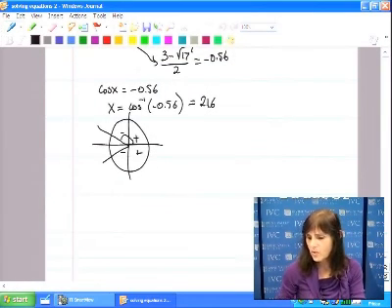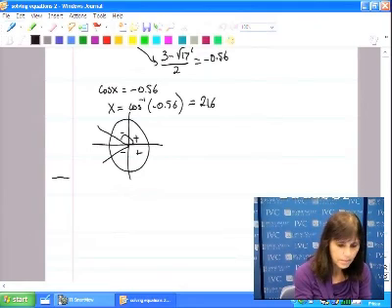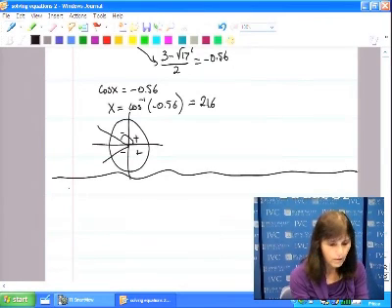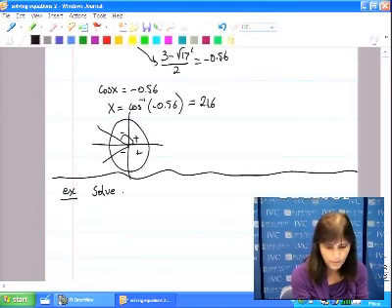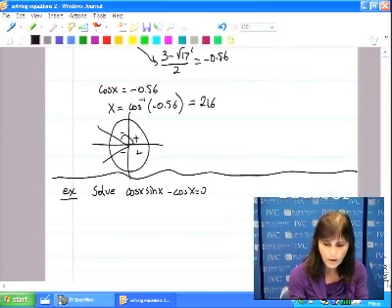So I'm going to do the last one more time. Okay, here's the example. Question is solve cosine x sine x minus cosine x equals 0. Let me write that down.